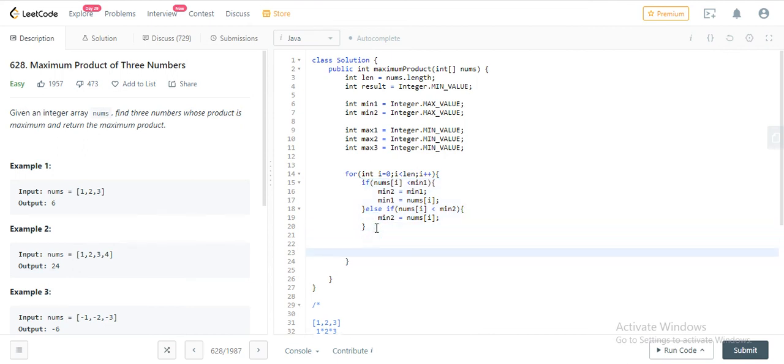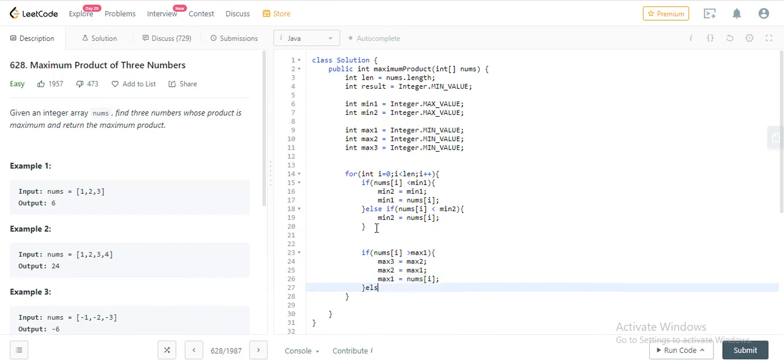Now writing logic for max1, max2, max3. I'm not going into much more detail on these logics because I'm assuming you guys know how to find these values.